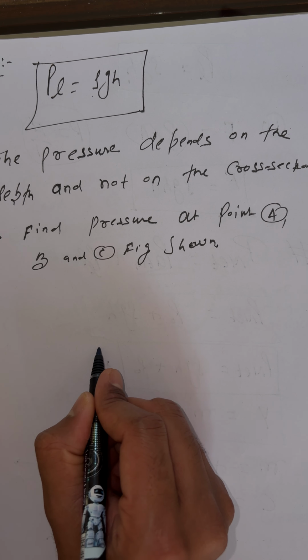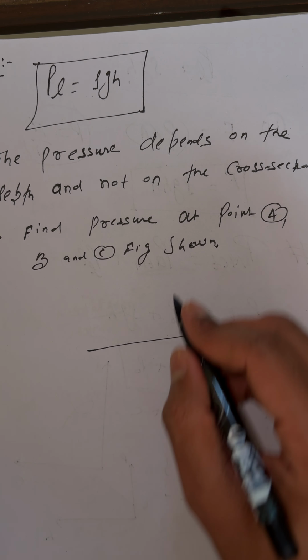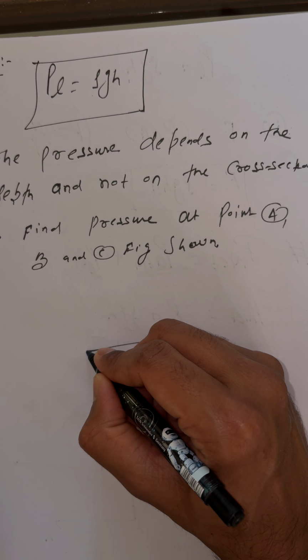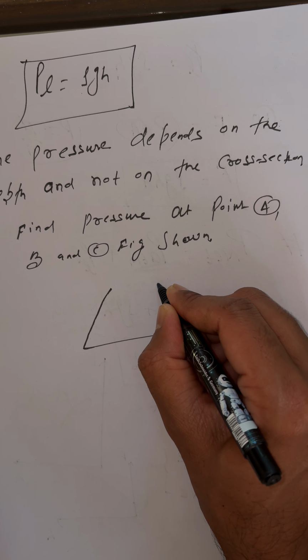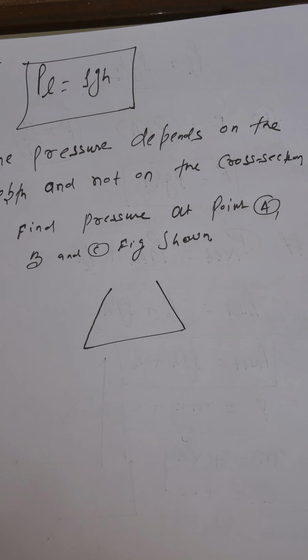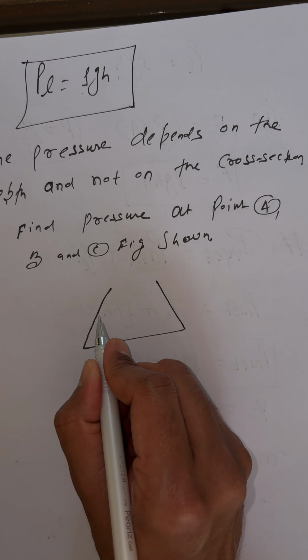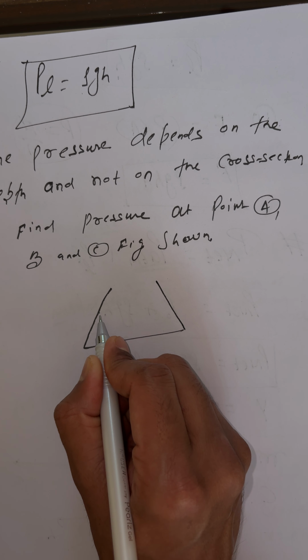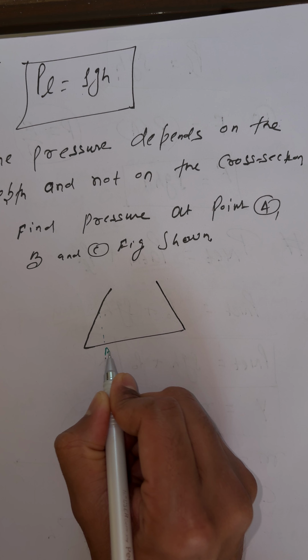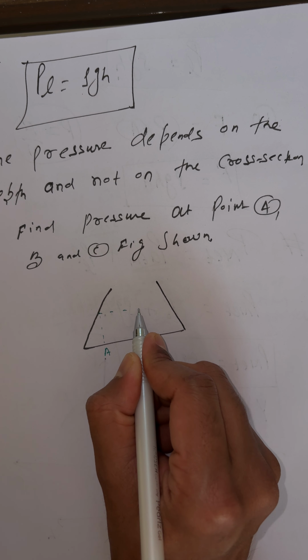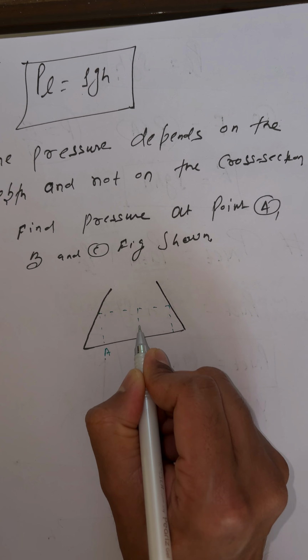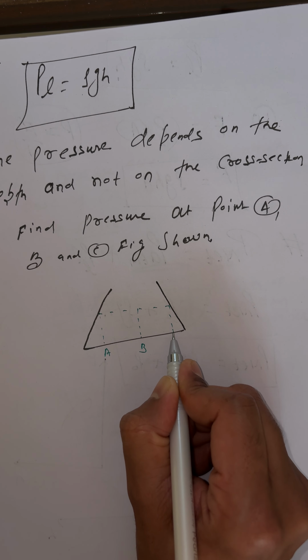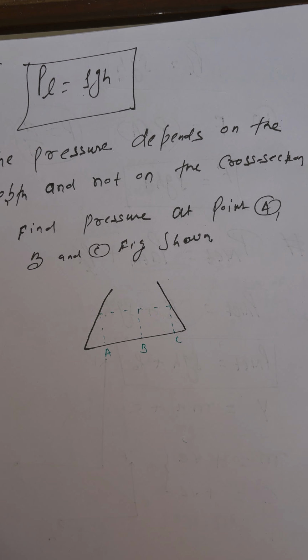This is the diagram you can consider. Now students, this is point A. This is point B. This is point C.